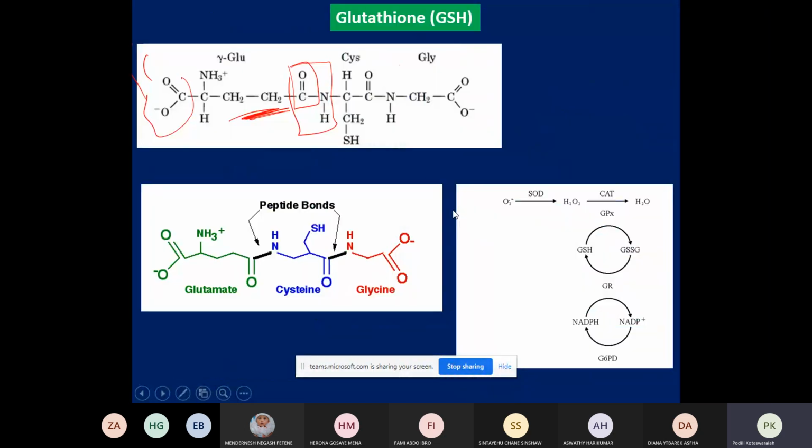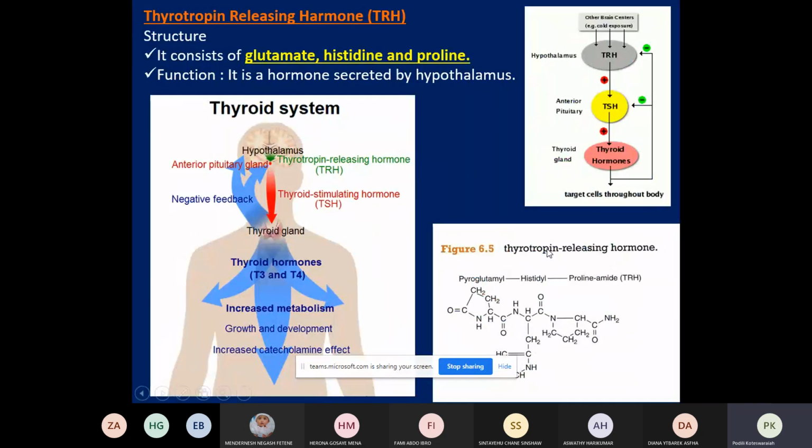It is also a cofactor for many enzymes. Glutathione peroxidase also uses glutathione as a cofactor, and this enzyme is involved in the conversion of hydrogen peroxide to water. Of course, this hydrogen peroxide is formed from the superoxide anion by superoxide dismutase, and so this is about glutathione.